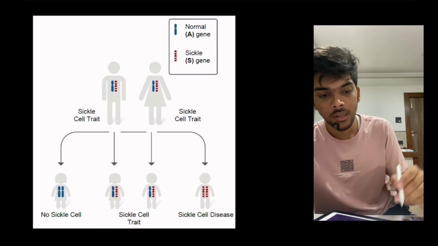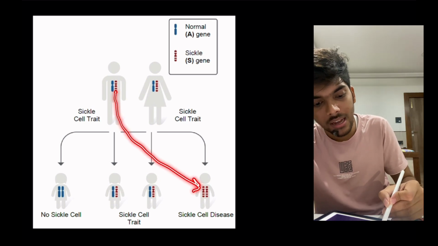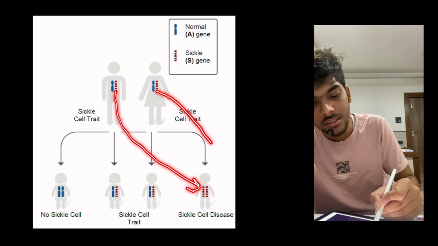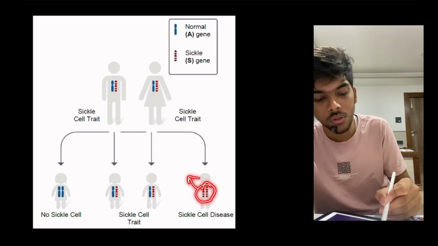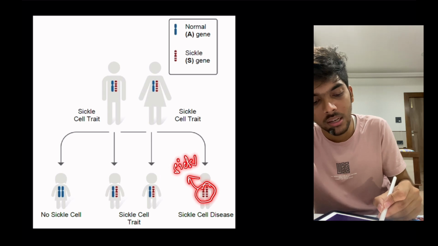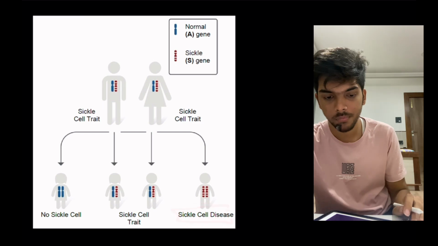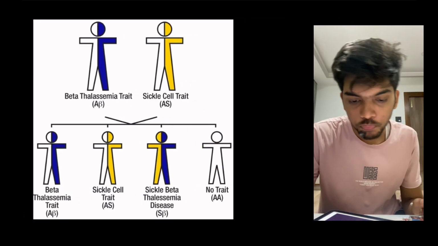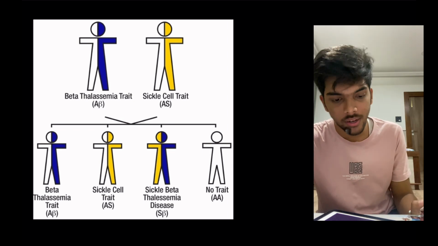Third possibility, the child might get one sickle gene from father and another sickle gene from mother. As a result, 100% of the genes code for sickle cell hemoglobin, and the child suffers from sickle cell disease.